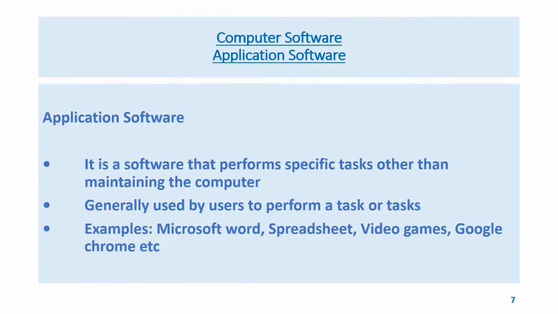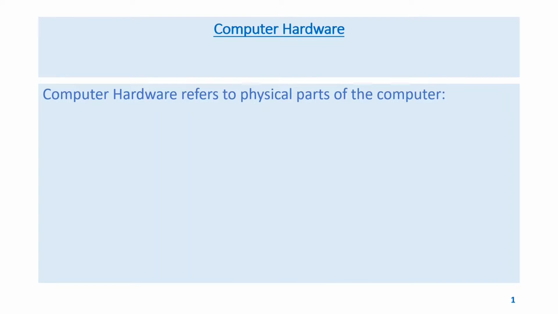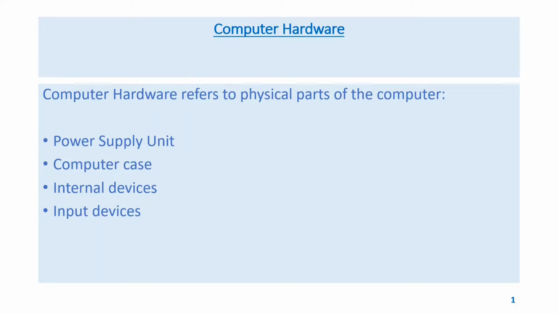Examples of application software are Microsoft Word, spreadsheet, video games, Google Chrome, etc. So whatever applications a user uses all come under application software. Computer hardware refers to the physical parts of the computer. They are power supply unit, computer case, internal devices, input devices, output devices, and storage devices.